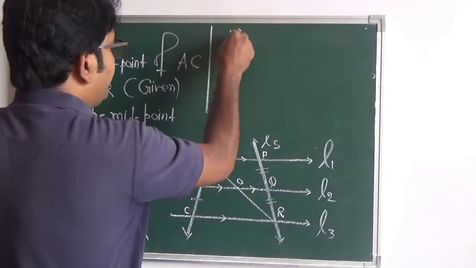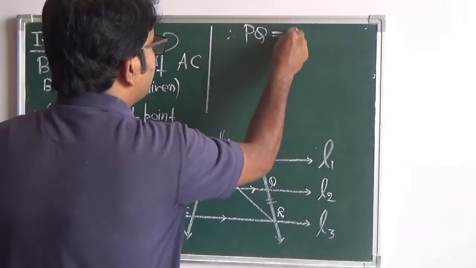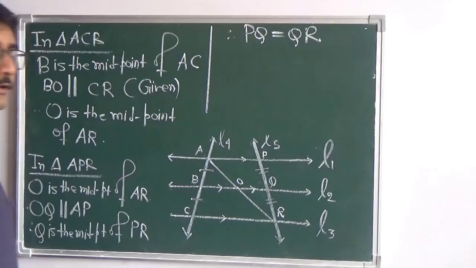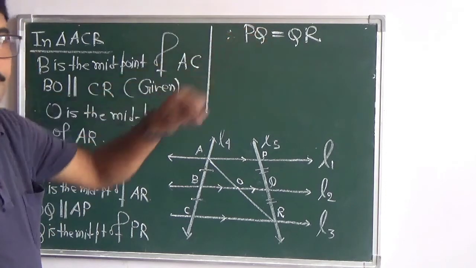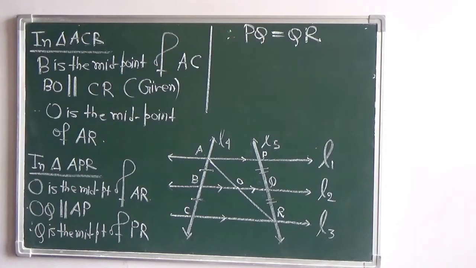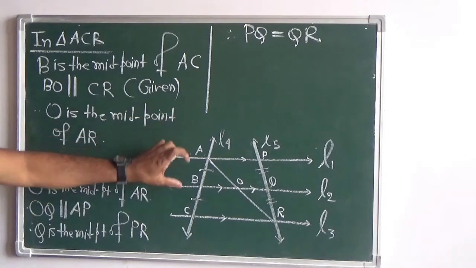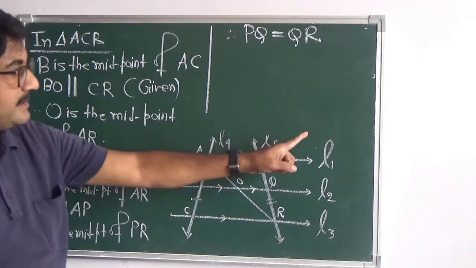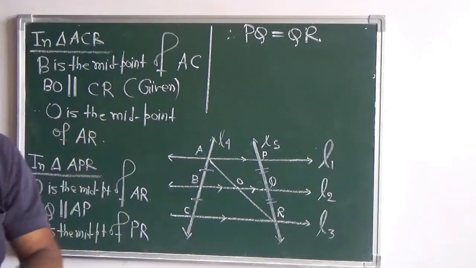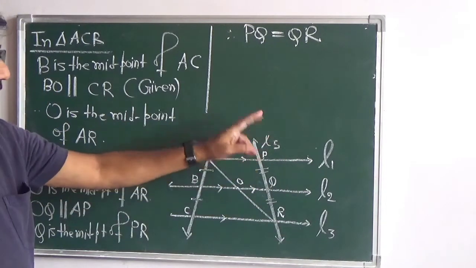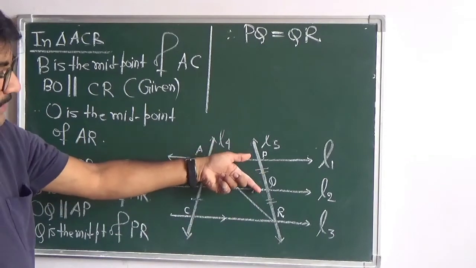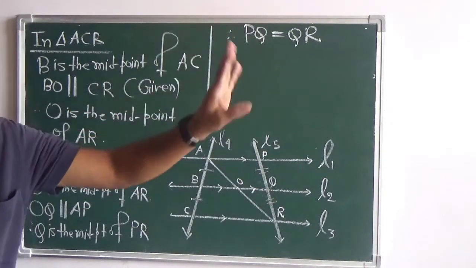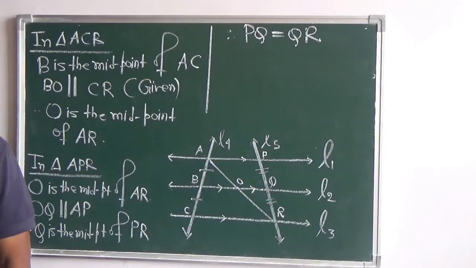That means PQ equals QR. This is also obtained by applying the converse of the midpoint theorem. So we have proved that PQ equals QR under the given condition that AB equals BC. When the intercepts made by a transversal L4 on the three parallel lines L1, L2 and L3 are equal, any other transversal like L5 also cuts off equal intercepts PQ and QR. So this is the equal intercept theorem.